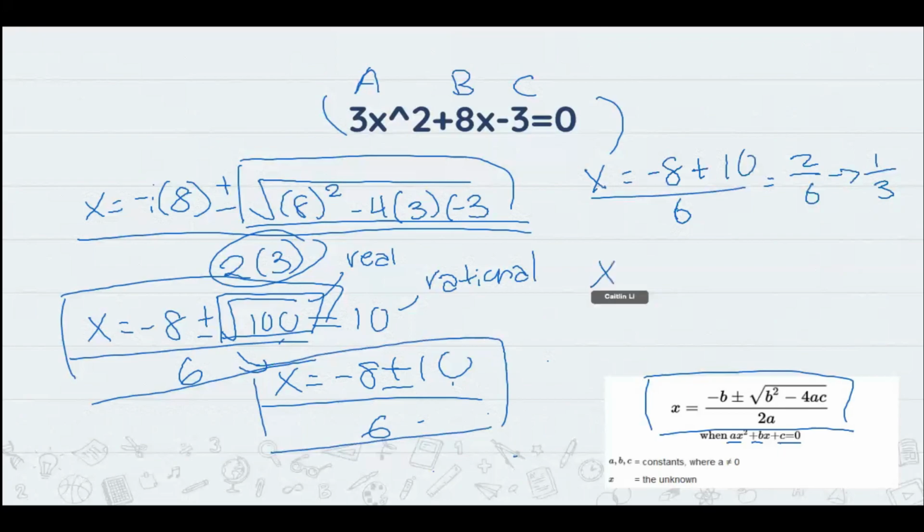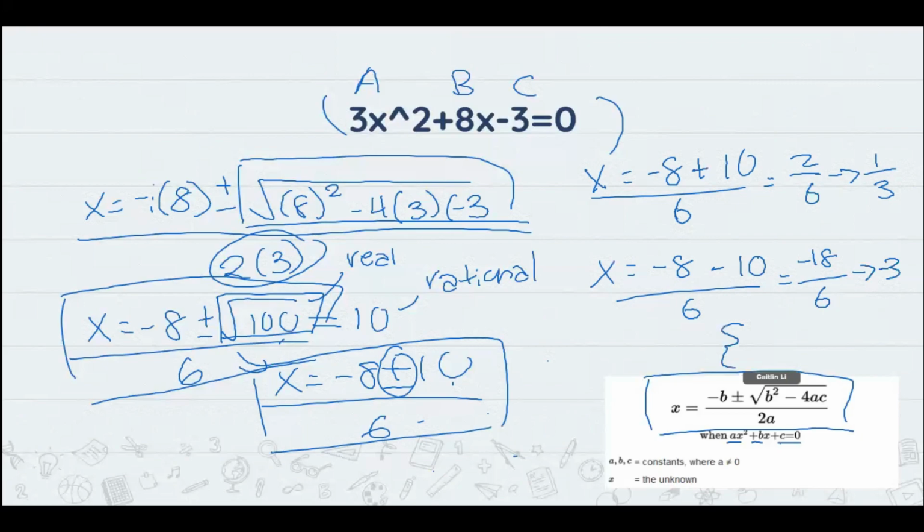And then again, because I said we have to split because of our plus and minus sign, this would be negative 8 minus 10 over 6. This would give us negative 18 over 6, and it can be simplified to just being negative 3.